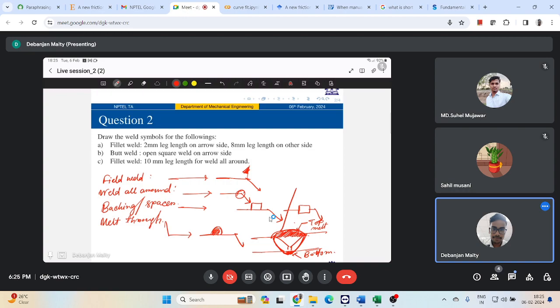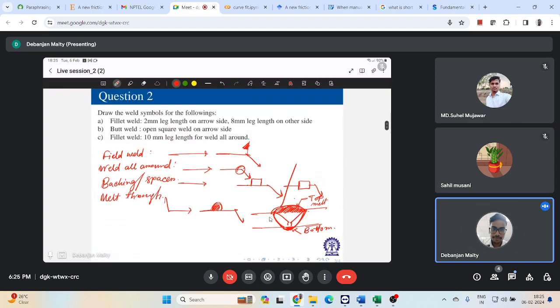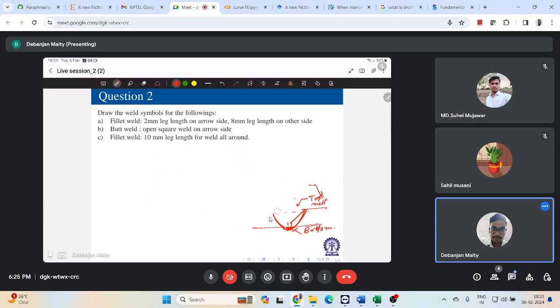Then you have some other welding symbols, which I was talking about in my earlier video. So we have fillet weld, plug weld, spot weld, seam weld. Every kind of weld geometry will have different welding symbols. Fillet weld, anyhow, I have talked about.